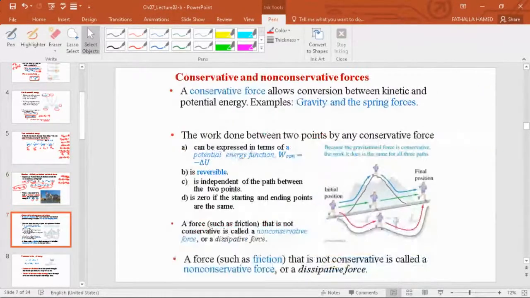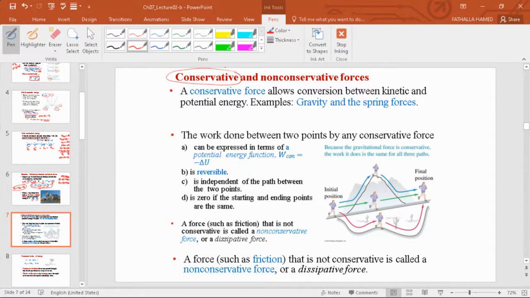Now, the question that we can ask: what are these other forces? We already dealt with conservative forces, and we said conservative forces are the type of forces that conserve our energy. So they make the total mechanical energy conserved. That doesn't mean the kinetic and the potential will stay the same, but they transform from one to the other.